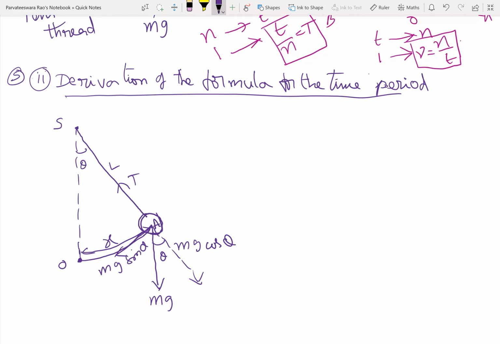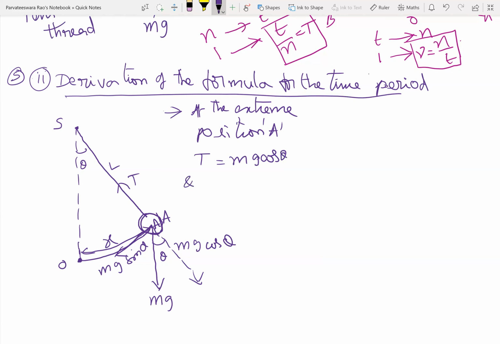This is the tension. To begin with, at the extreme position A, the tension in the thread is balanced by mg cos theta.